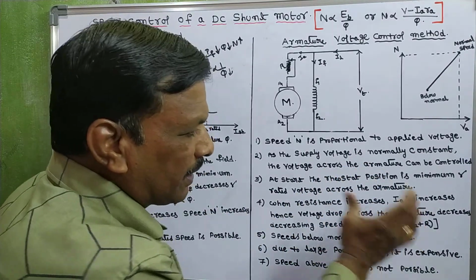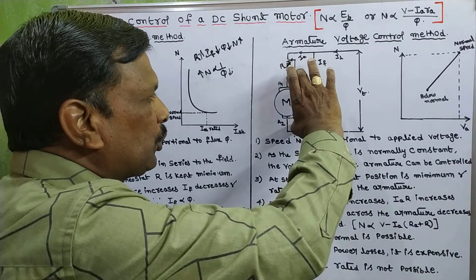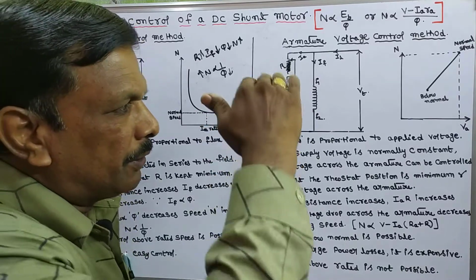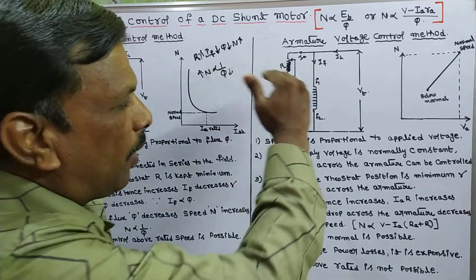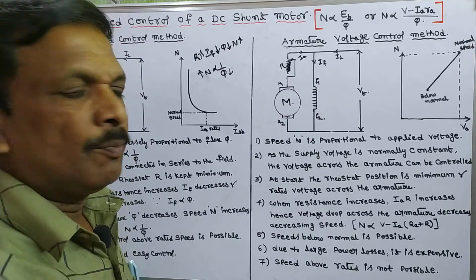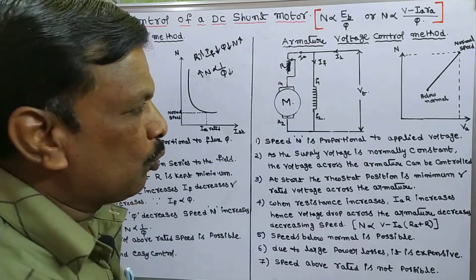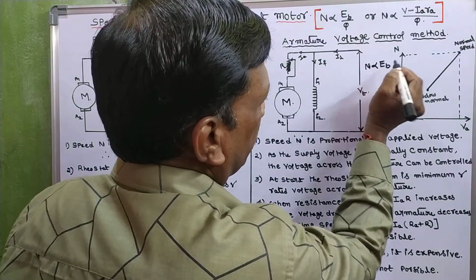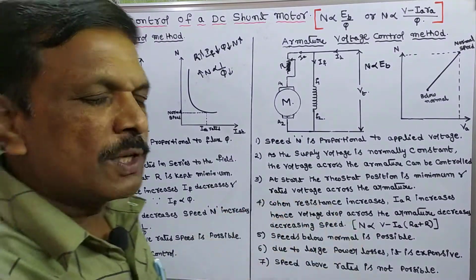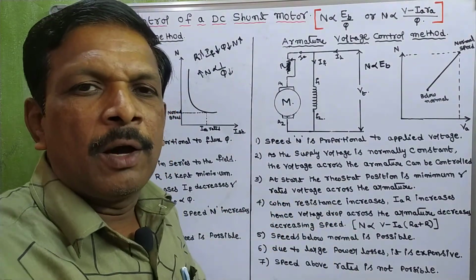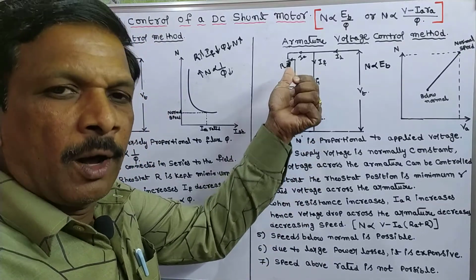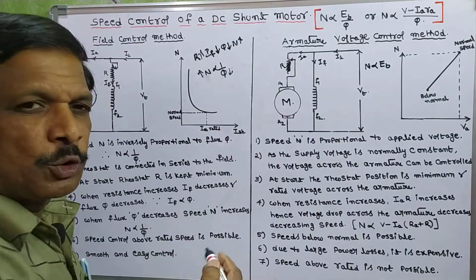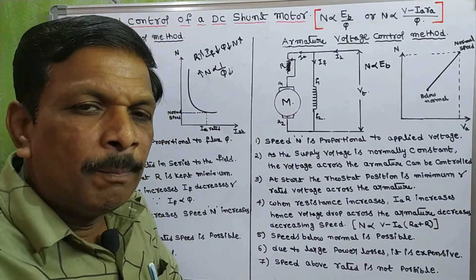When drop increases, the voltage across the armature, or armature voltage, decreases. When armature voltage decreases, the speed also decreases. Why? Because speed is directly proportional to EB, where EB is equal to V minus IA (RA plus R). Now we added R. So with this method we control the speeds below normal.